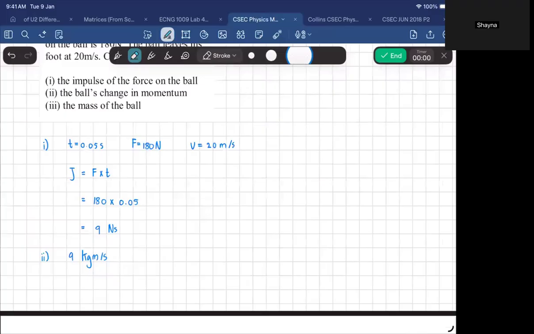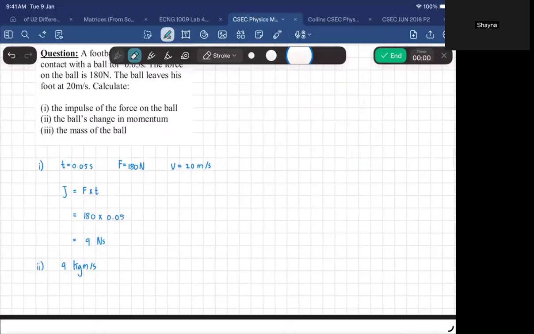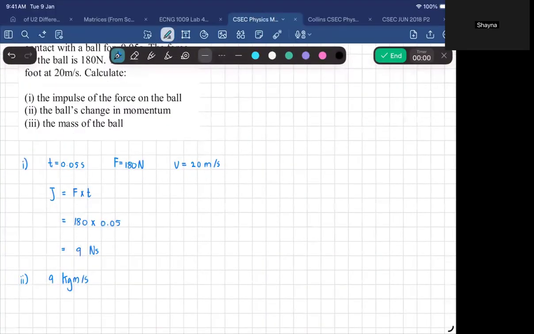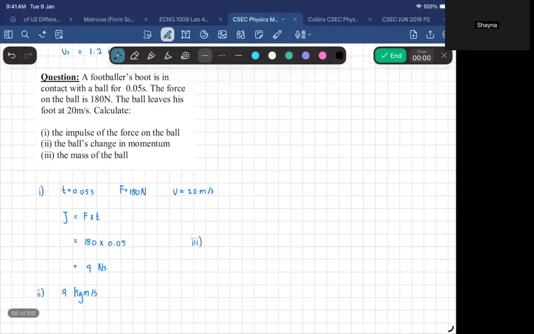All right, let's continue. You understand part one and part two, right? Okay, part three, the mass of the ball. How would we find mass? Let me see what you got. You got 0.45 kg.